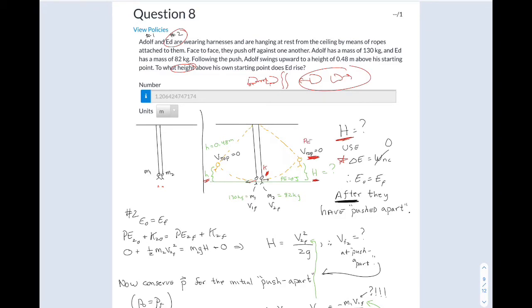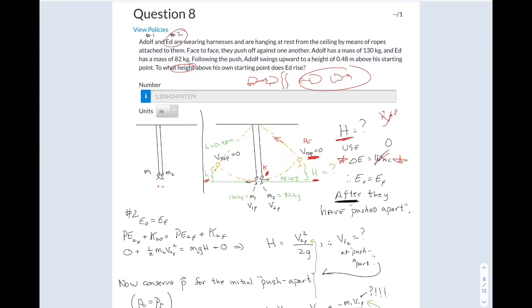Energy up here is all potential. So here's our energy expression. Are there any non-conservative forces that act? Yeah, the string does. But we showed that the string tension is always perpendicular to the direction they're going, because the string tension is along the radius, and they're moving tangentially. So the angle between them is 90 degrees, and the string tension does no work. So that's 0, and energy is conserved.